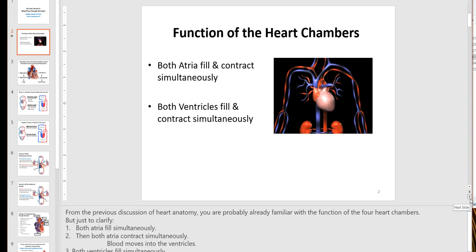From the previous lecture on heart anatomy, you're probably already familiar with the function of the 4 heart chambers.